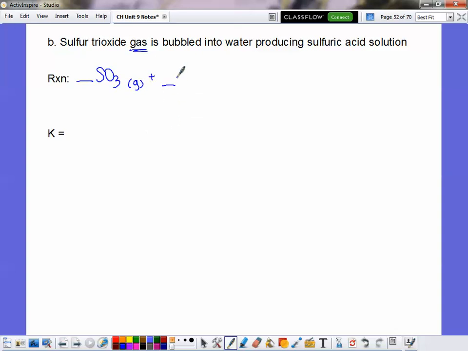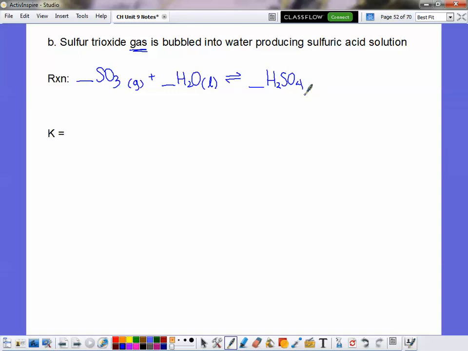Water, which is H2O. State of matter? Liquid. Equilibrium arrow. And what is it making? Sulfuric acid. Ooh, what's the formula for sulfuric acid? H2SO4. Good job. H2SO4.